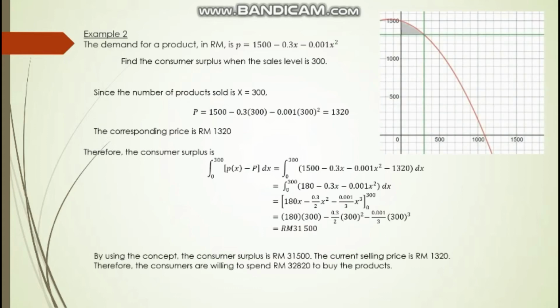In conclusion, by using the concept, the consumer surplus is 31,500 ringgit. The current selling price is 1,320. Therefore, the consumers are willing to spend 32,820 to buy the product.